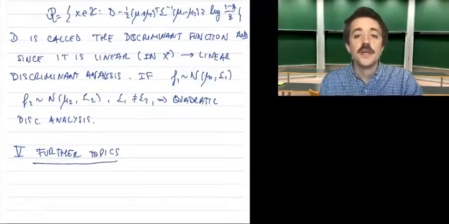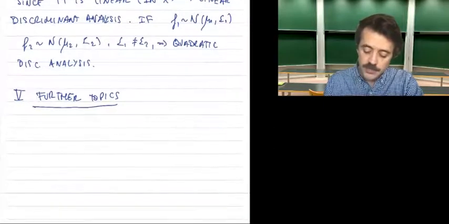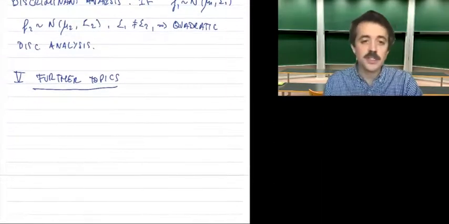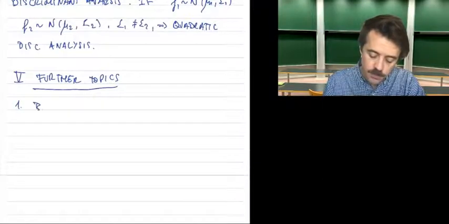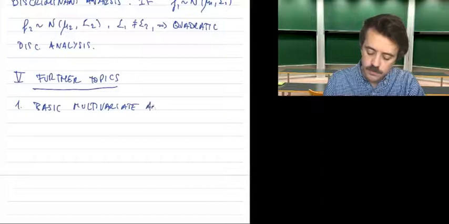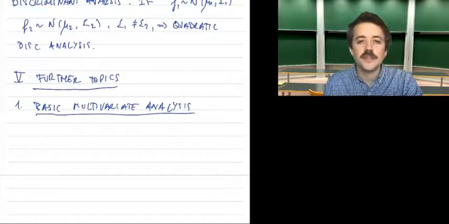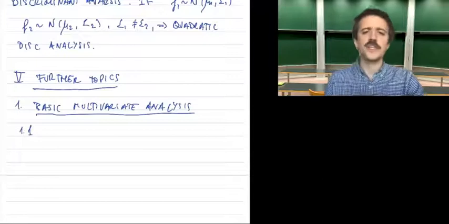Let me talk now about further topics. We're going to start with some simple ideas, not really advanced, but it's good to know these things. So this is basic multivariate analysis, and I will also split this into 3 different sections.